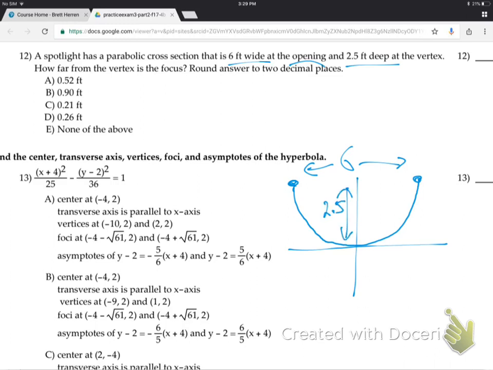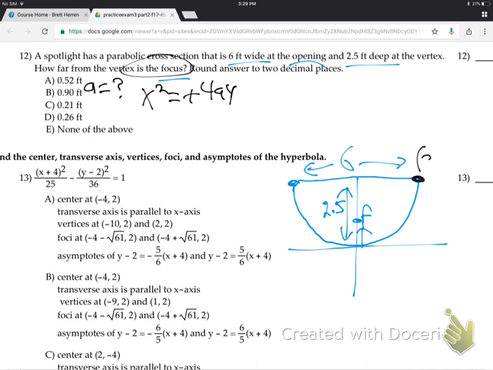So this is 2.5 all the way to the top. They're saying, where's the focus? So the focus is somewhere here. Where's the focus? Okay, so the equation of a parabola that goes up like that is x squared is positive 4ay. The a is what we're looking for. When they say, where's the focus, they're saying, what's a?